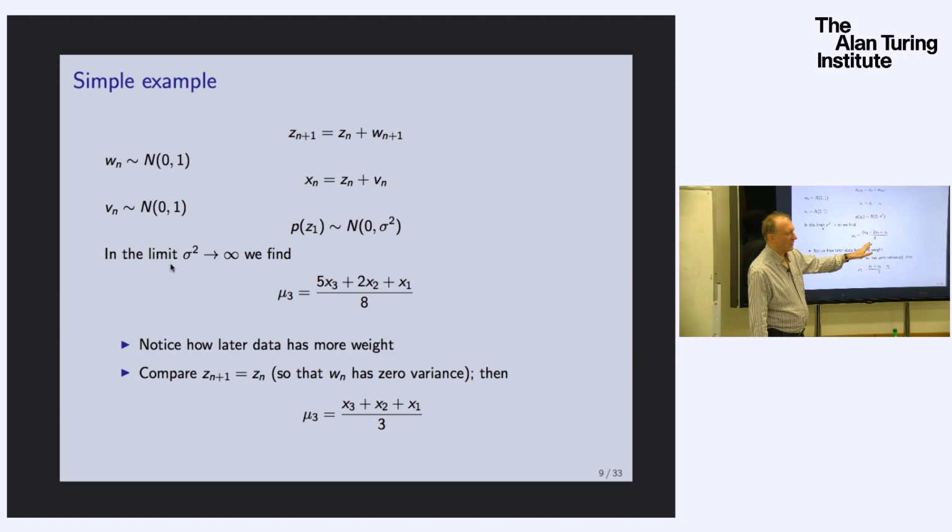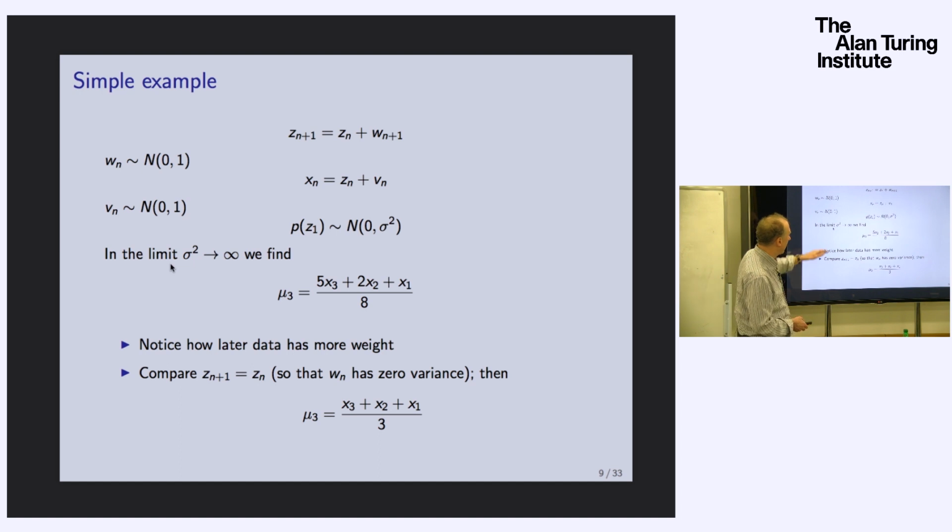But what's interesting is that the most recent x's are more heavily weighted: 5/8 of x3, 2/8 of x2, and 1/8 of x1. If we didn't have any latent dynamics, so Zn plus 1 was just Zn, then we get what we'd expect: they're just averaging them.